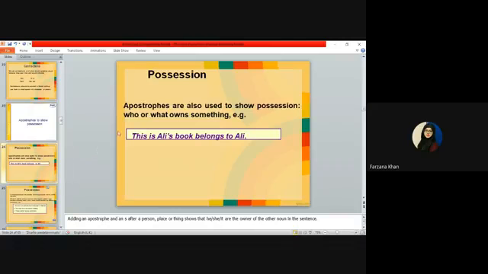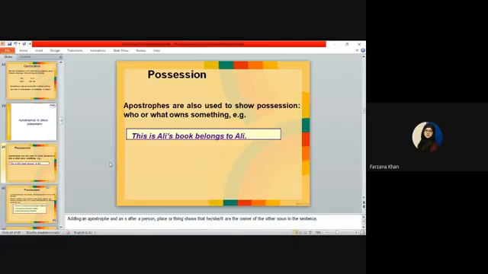Here you can see this is Ali's book. So there is an apostrophe and an s, and again a noun in the sentence, book. So it means the book belongs to Ali. So to show possession, we add an apostrophe and then s.